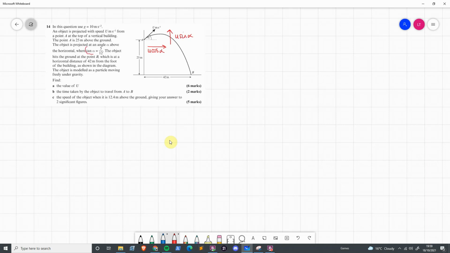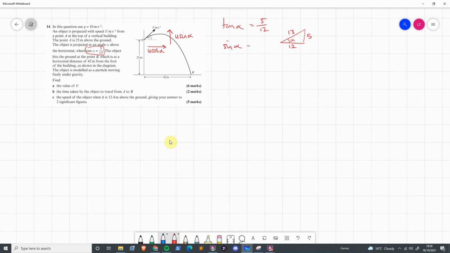The next thing I pull from this question is that tan alpha equals 5 over 12. So that means I've got a right-angled triangle where the opposite is 5 and the adjacent is 12, because tan is opposite over adjacent. This will be 13 via Pythagoras.